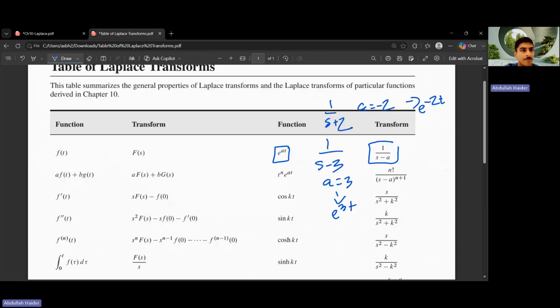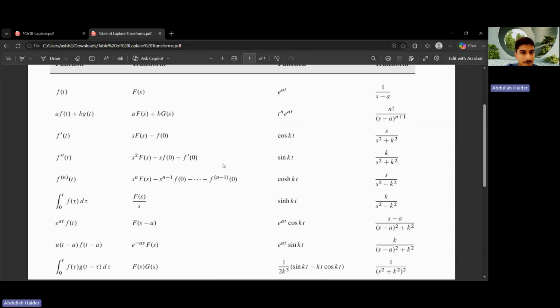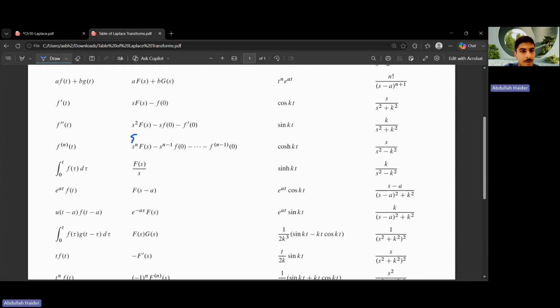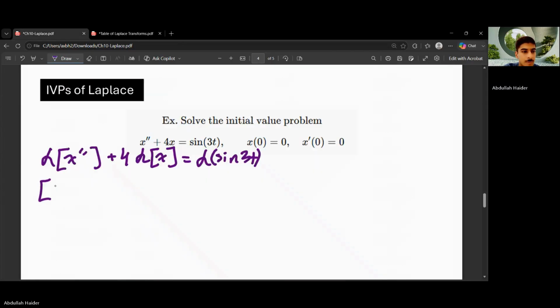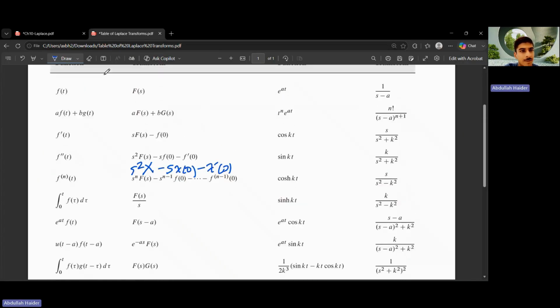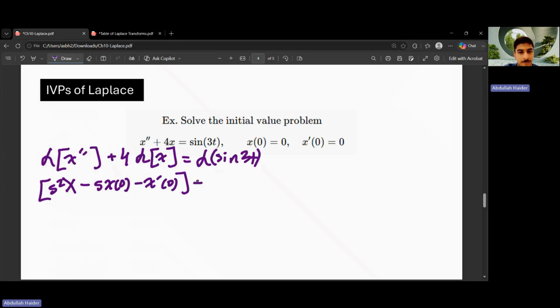So for the Laplace of x double prime, once again, you go back to the table. In this case, you should have s squared big X minus s times small x of 0 minus x prime of 0. So s squared big X minus s x of 0 minus x prime of 0, and x by itself is big X, plus 4 big X. And now the Laplace of sine 3t.